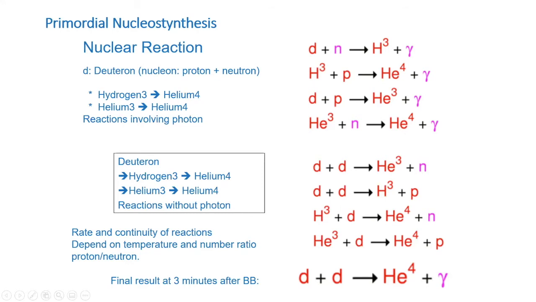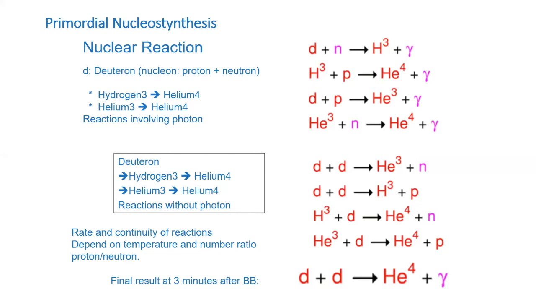Helium-4 has two protons and two neutrons in its nucleus, and these are the various ways helium-4 was created. I don't think I should go through the detail, but after that, the universe had gotten cool enough that further nucleosynthesis could not be achieved.